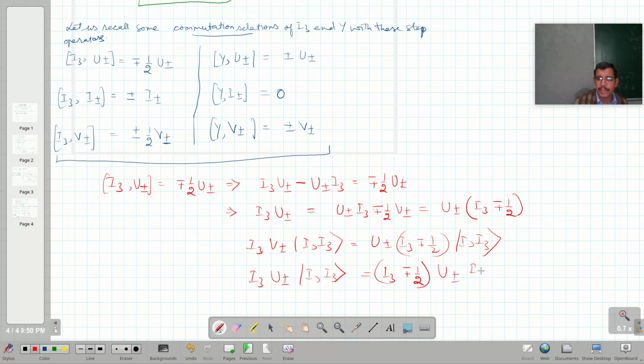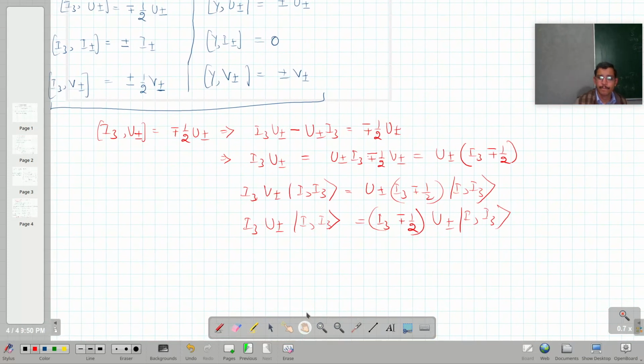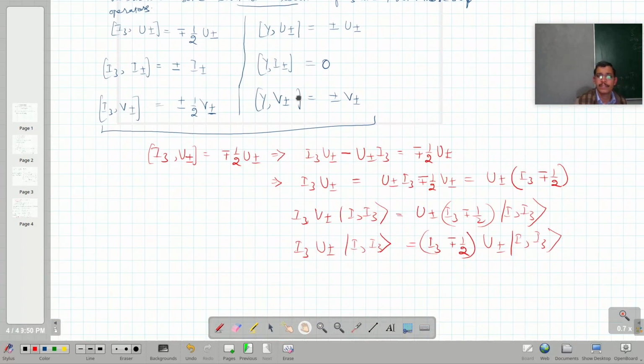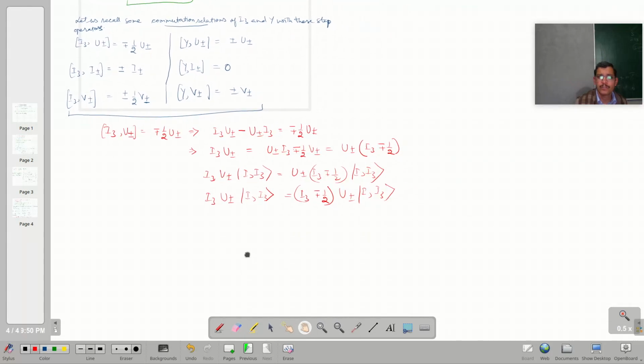What will this equation suggest? Let me talk about that. What is the meaning of it? This shows that when U+ operates over this, it gives me I3 minus 1/2.